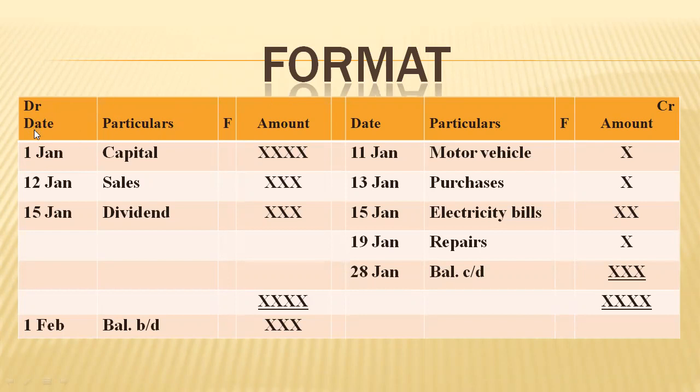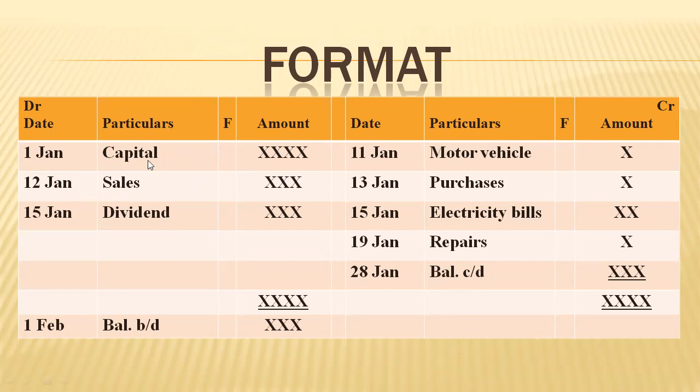Now, at the debit side, you can see you have the dates, you have the particulars, you have the folio number, and you have the amount. And the replica is also on the credit side: the dates, particulars, folio number, and amount. You can see the date contains the date of the transaction. So this is capital used to start the business. So when the owner of the business commits capital to the business, you can see it is debited.